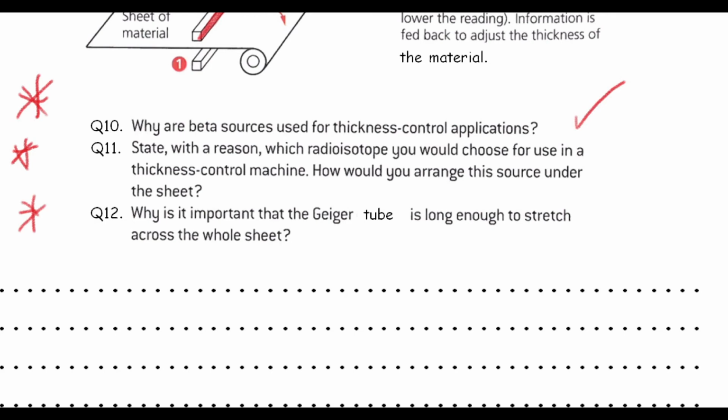How would you arrange the source under the sheet? So two parts there. Well, first of all, the radioisotope needs to be beta, and you'd want a long half-life. You don't want to be changing the source every day or so. So you should have looked back up at the table and found a beta source with a long half-life.